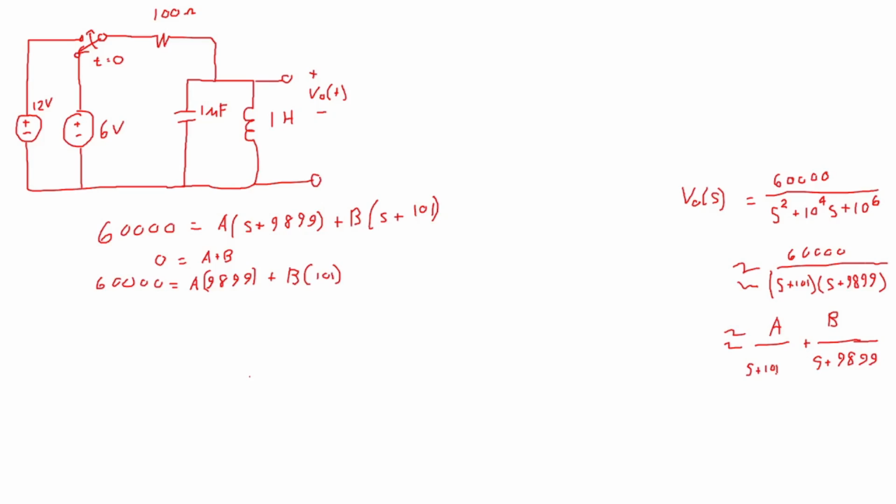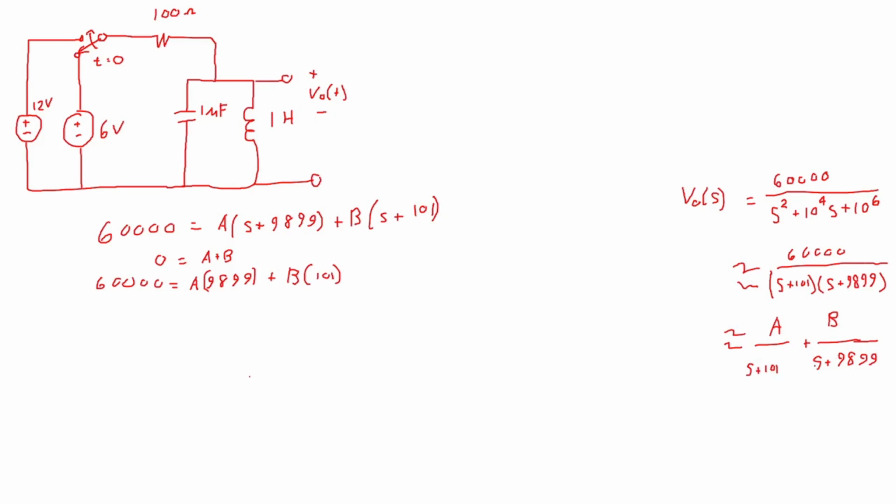Another approach is to just plug in some nice values of s directly. So if you just didn't do any multiplication on both sides and you just said, I'll just plug in s equals negative 100 and s equals negative 9,900, you'd calculate what the left-hand side is, and when you plug in negative 100, you'll get a over 1 plus b over, you'd make s negative 100 so that you're dividing by 1.